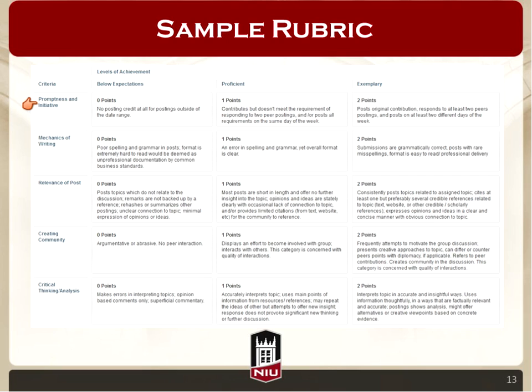So for this particular criterion of promptness and initiative, these are the three different levels of performance having to do with that criterion. In this example, the student would receive 0 points for a below expectation performance on this criterion, 1 point if it's proficient, and 2 points if it would be deemed an exemplary demonstration of that criterion.